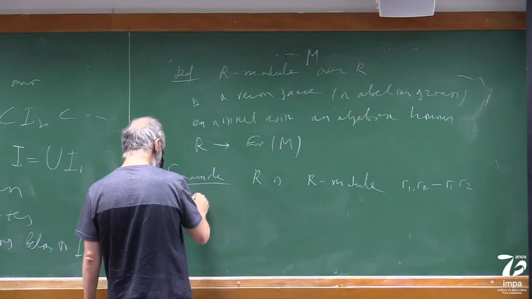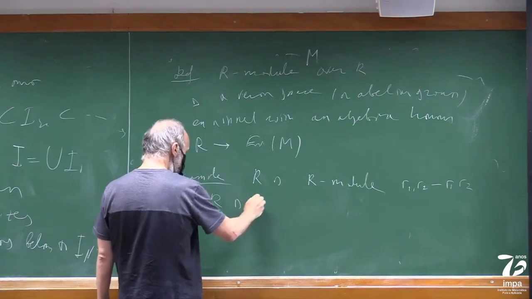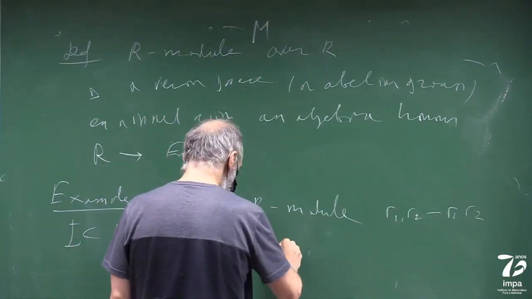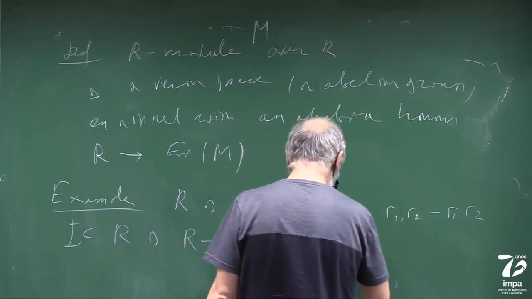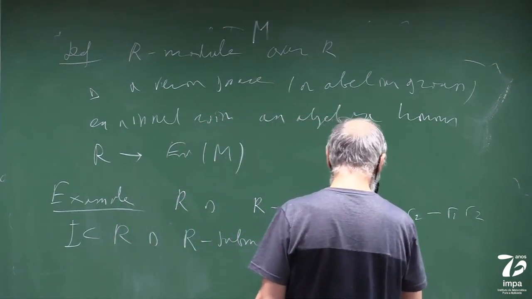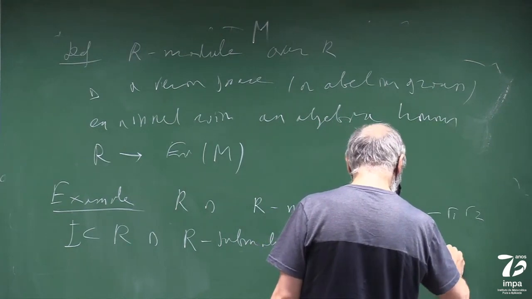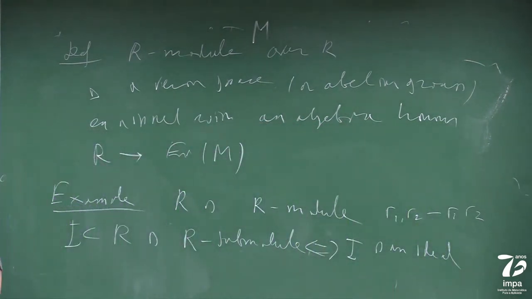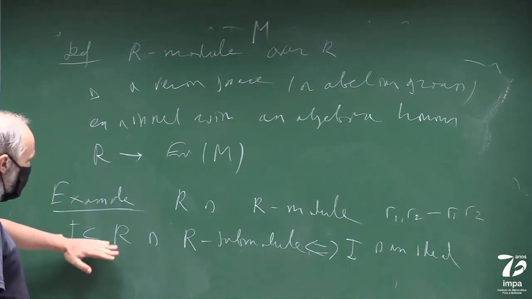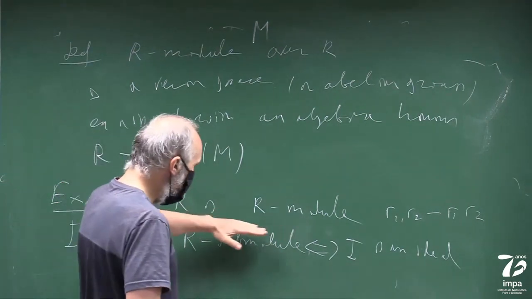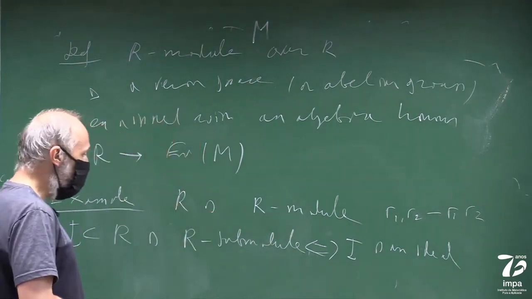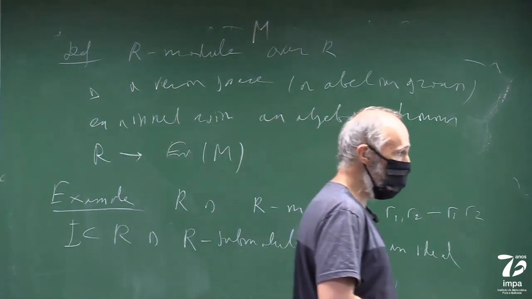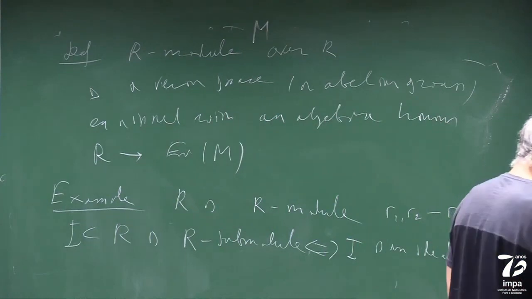Now a subset I of R is an R submodule if and only if I is an ideal. Because if you want I to be an ideal, you want to be able to multiply I by elements in R, and this is precisely the same as for submodules. Submodules are things which are closed under multiplication by R.